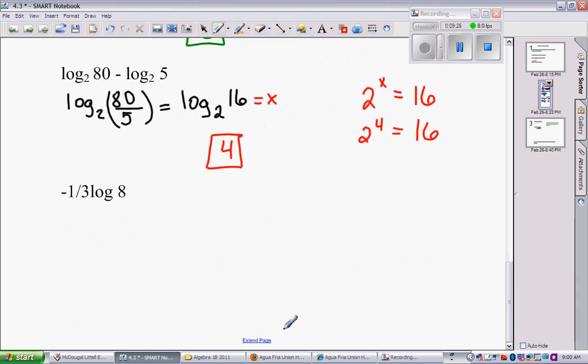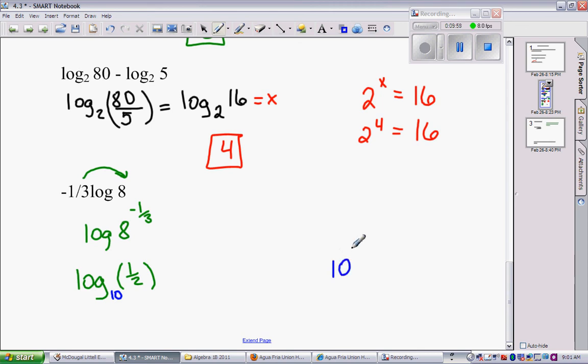Our last one is a little bit different, negative 1/3 log 8. So we're going to start by moving the coefficient to the exponent to get log 8 to the negative 1/3. 8 to the negative 1/3 goes to 1/2. Now there's no base written, so we know it's base 10.